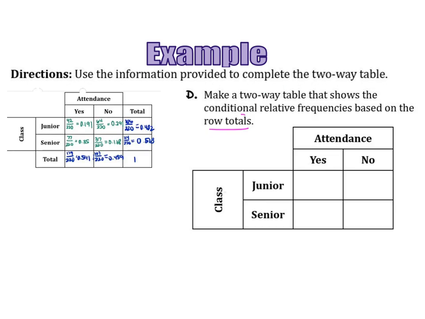So here we have part B, where we're going to be looking at the row totals. So we're going to take our total, our denominator for the junior row is going to be 0.482. So here we would say 0.191 divided by 0.482, or we would say 0.291 over 0.482.